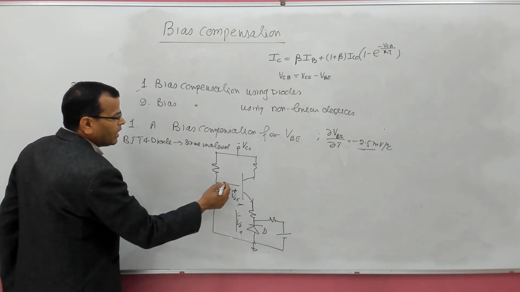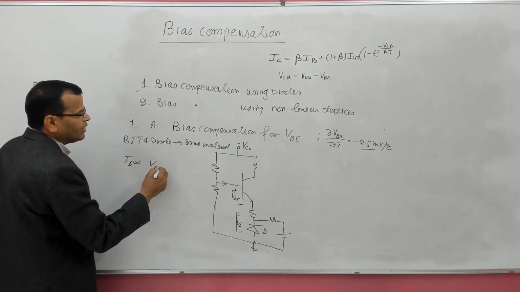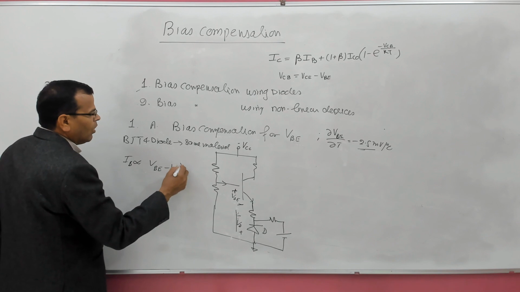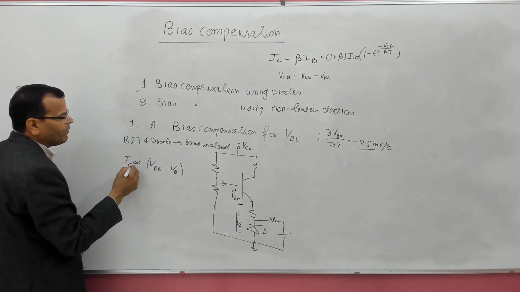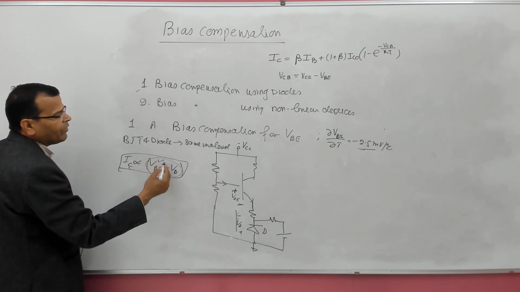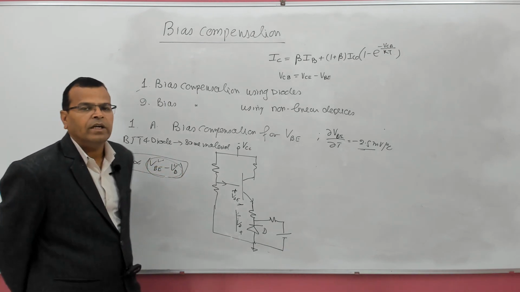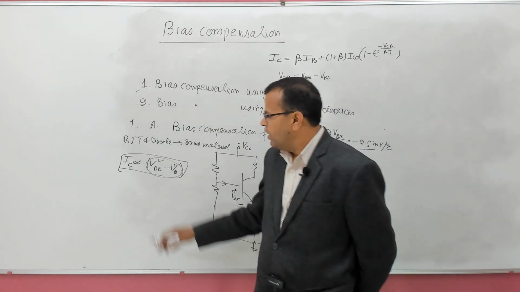Your base current will be proportional to the change in VBE and VD, and since collector current is a function of base current, collector current is proportional to this. If one increases, the other also increases, so the net change will be 0.